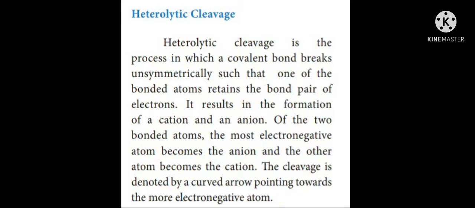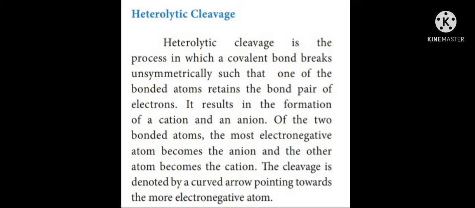Next topic, heterolytic cleavage. Here, the covalent bond is formed between two atoms in a molecule. Each covalent bond contains two electrons. The covalent bond breaks unsymmetrically or unequally such that one of the bonded atoms retains the bond pair of electrons, or one of the bonded atoms takes the bond pair of electrons towards itself.